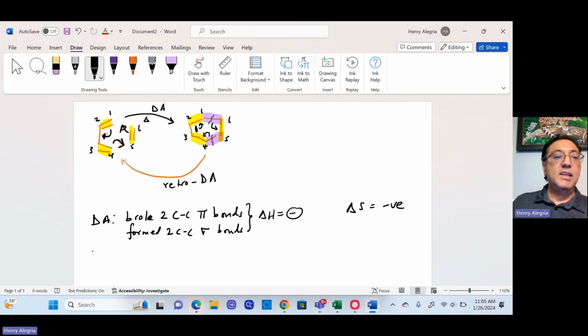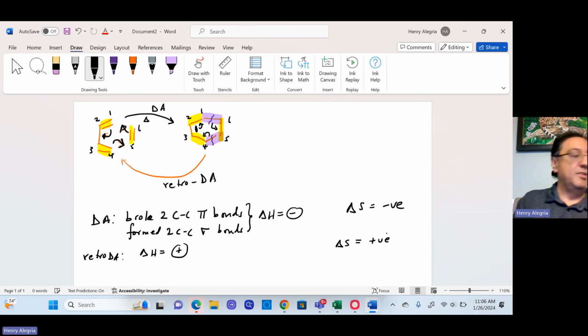So if I'm looking at the retro-Diels-Alder, the exact opposite is happening. To make a long story short, the delta H is going to be positive. And since I'm going from 1 orderly molecule to 2 more disorderly molecules, I'm getting an increase in entropy, which of course is a positive value, right?